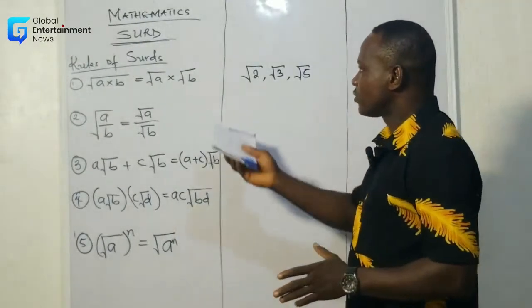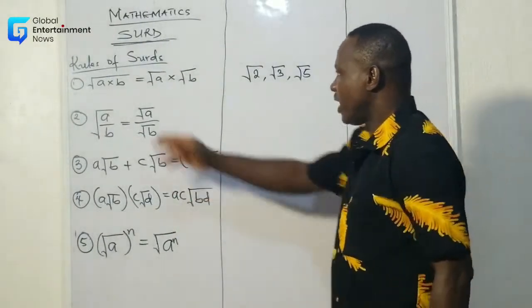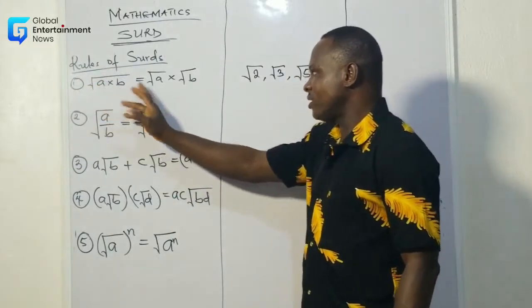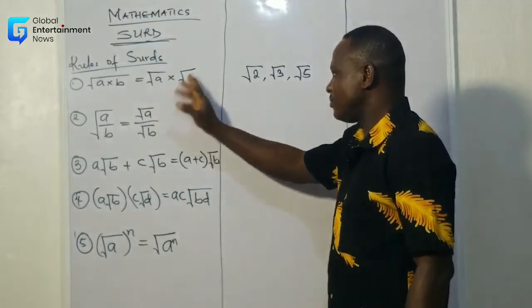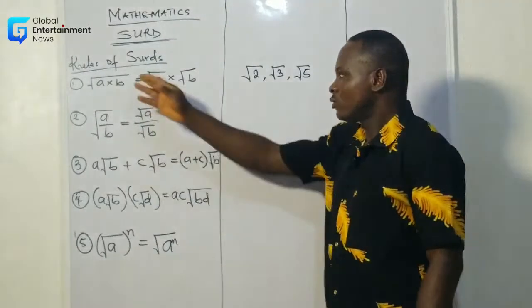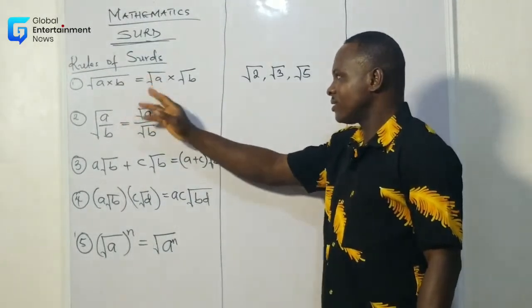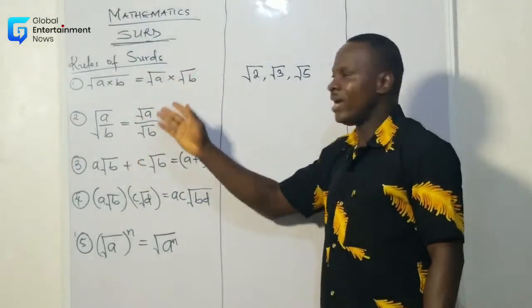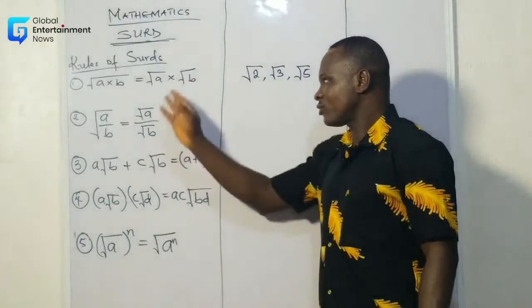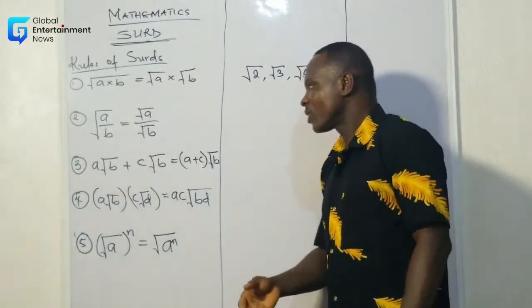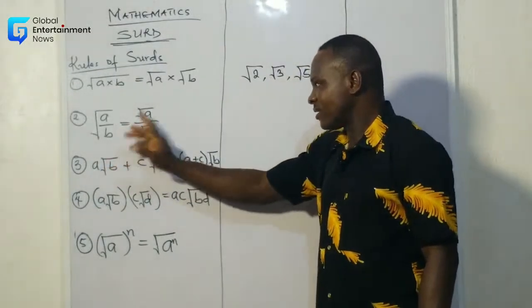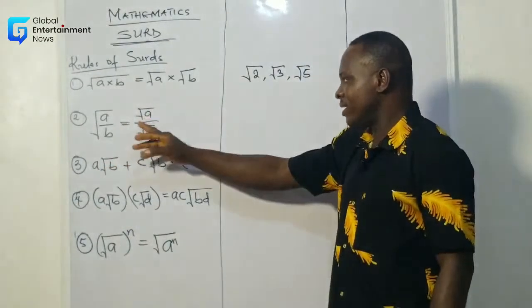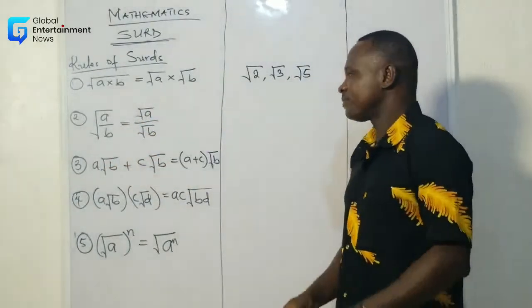Rule number one: the root of A times B is the same thing as root A times root B. Rule number two: the root of A over B is the same thing as root A over root B.